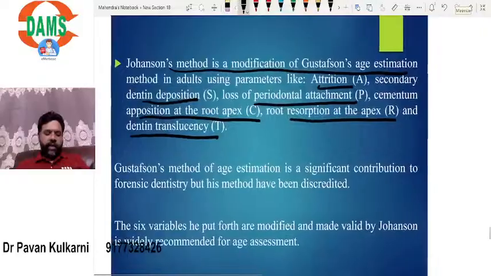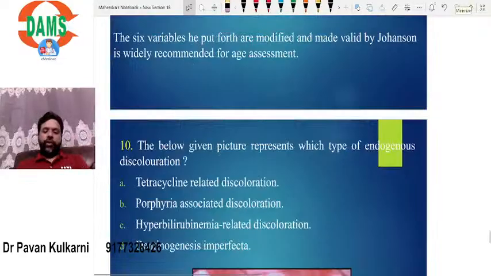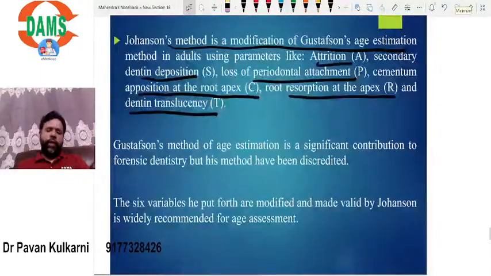So these are the 6 variables that are used in Gustafson's method, and Johansson has widely recommended these important criteria for age estimation. So Johansson's is just a modification. Remember, Johansson's is just a modification of Gustafson's age estimation method.